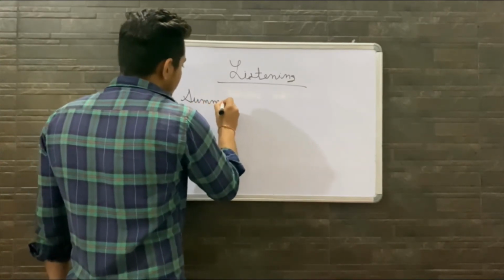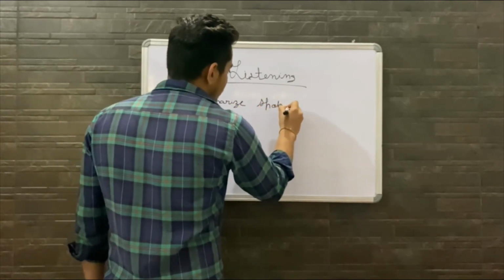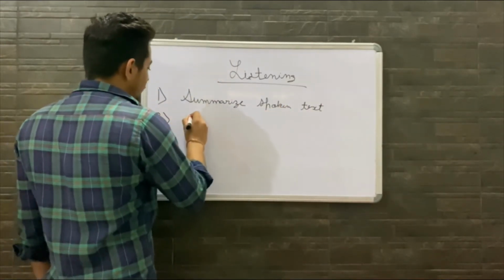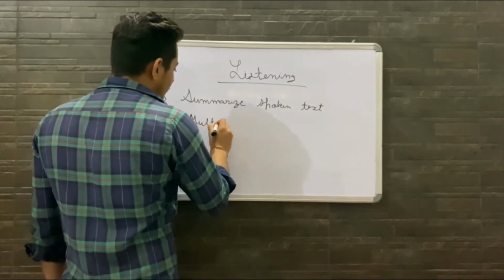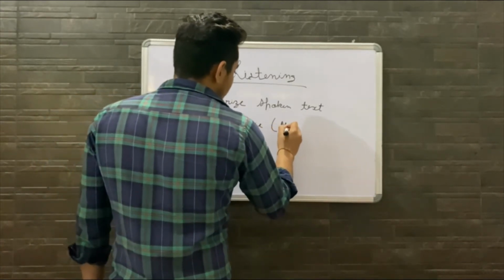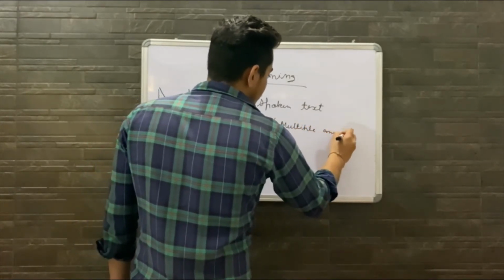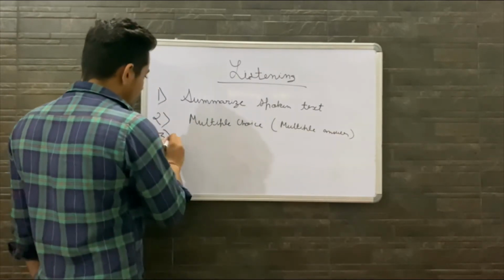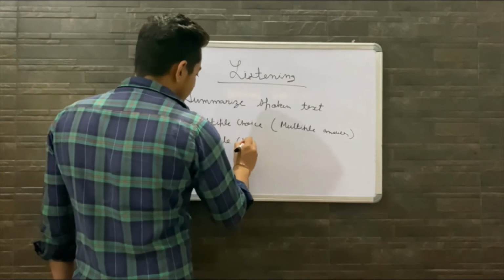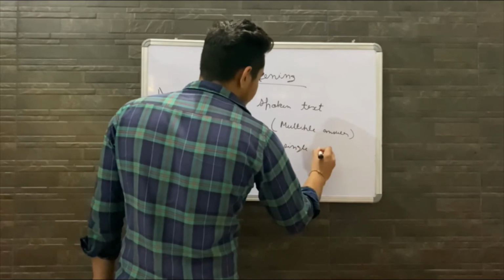Summarize spoken text. Second one is multiple choice, multiple answer. Third one is multiple choice, single answer.